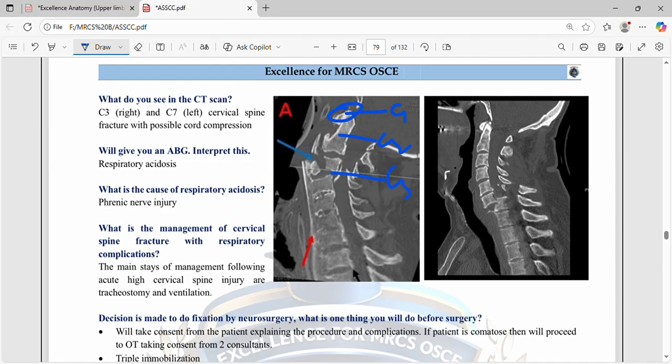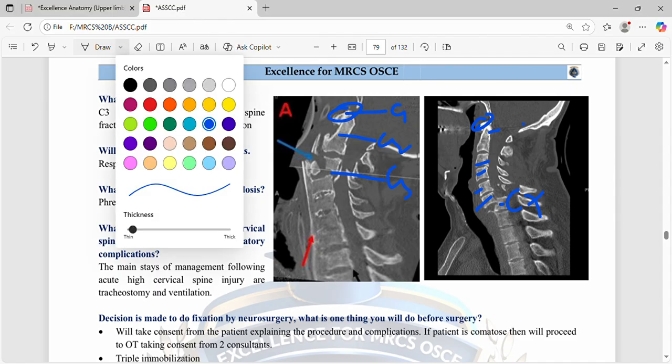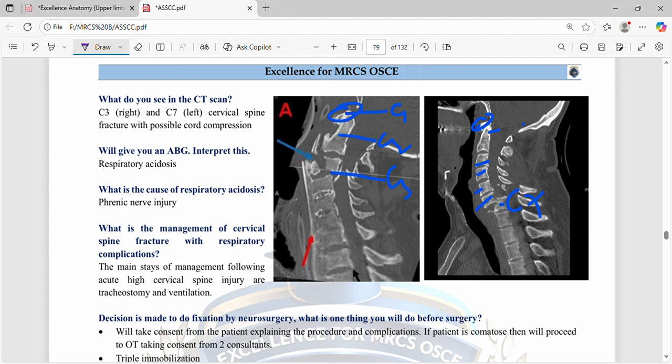In this diagram on the left side, we have C1, the small one, and then the dens of C2, C3, C4, C5, C6, and this is C7. So here is a C7 injury.